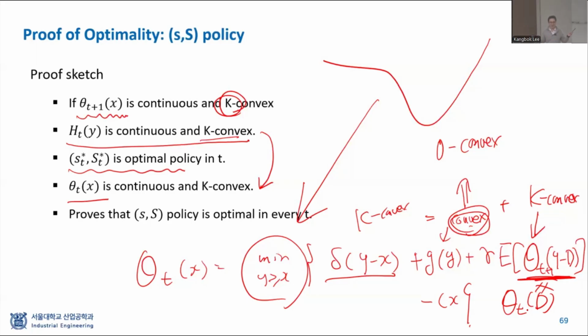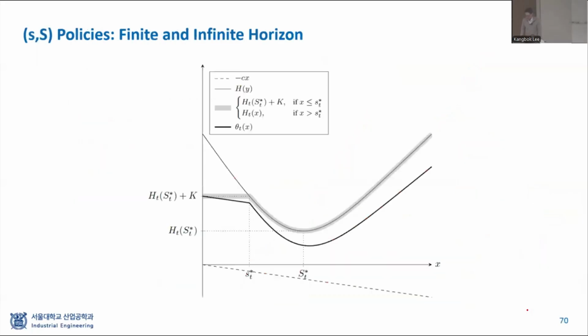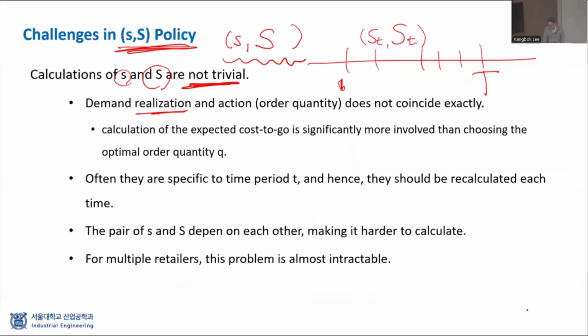But here we are thinking of y minus d. So our range of y and our range of d will make a new space of y minus d. So it's kind of hard to apply this, not just for a single S, but for the small s and large S pair. You have to make a second grid. If you are using a grid approach for small s and large S, it takes a lot more time to determine both parameters at the same time.